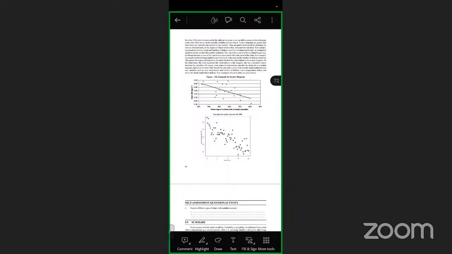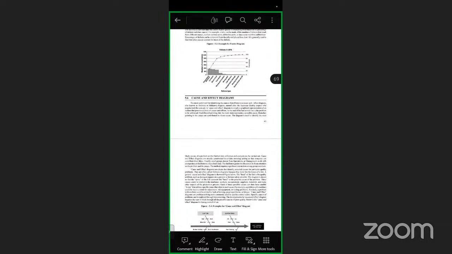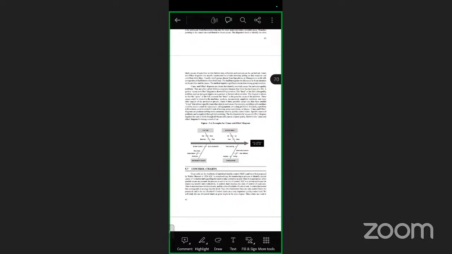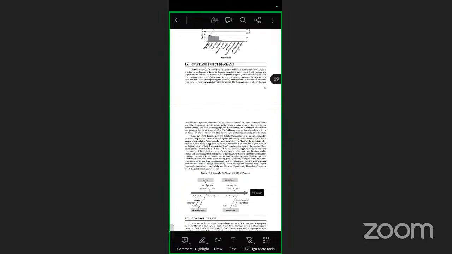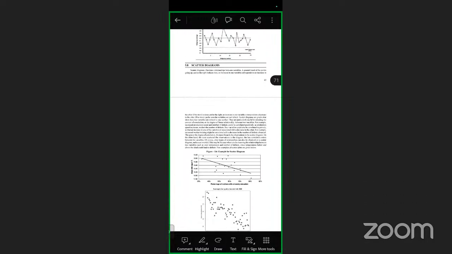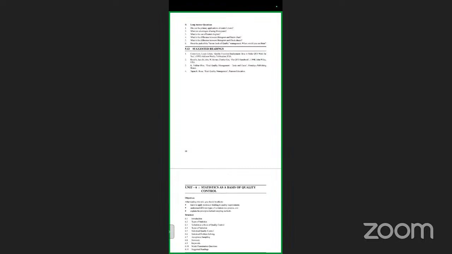Insert charts, where you can find histogram and Pareto diagram; fishbone is not there. Then control charts and scatter diagrams. So this is how this unit covers statistical tools with respect to diagrams.